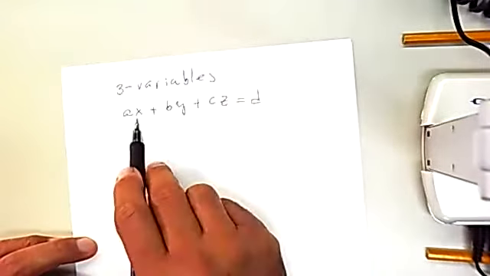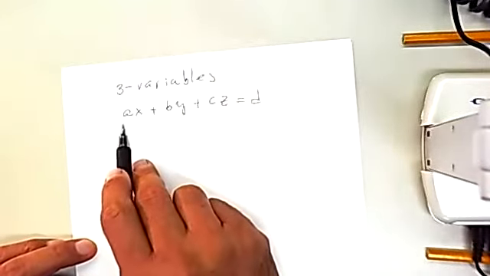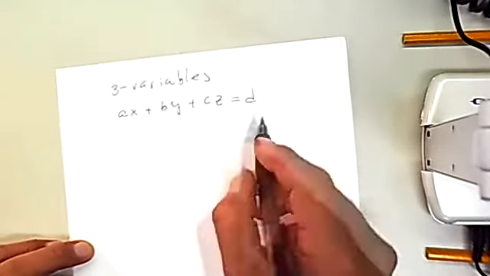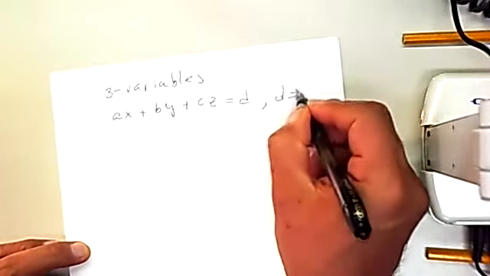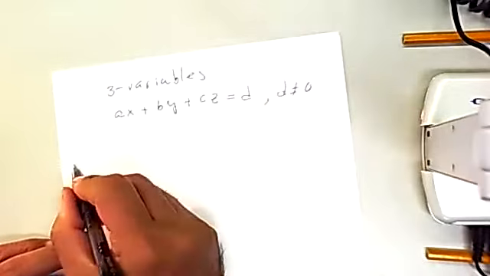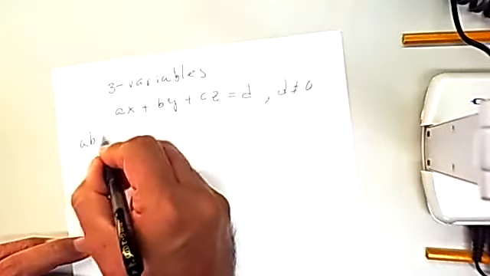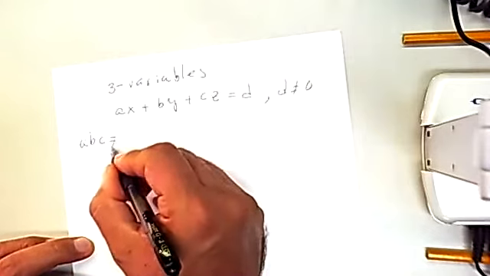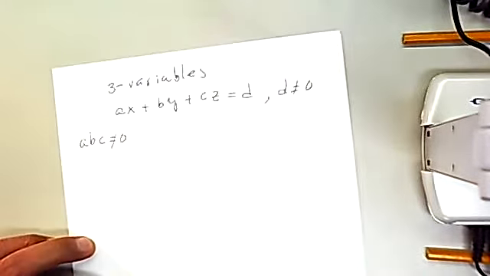So those are the variables x, y, z, and the corresponding coefficients a, b, c, and then d. We're going to assume d is not equal to 0. We're going to assume also that a, b, c, when we multiply together, we don't get 0, so all of them are non-zero.